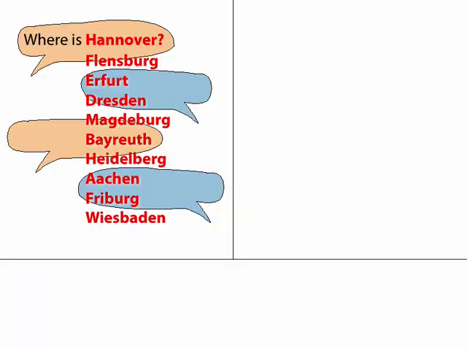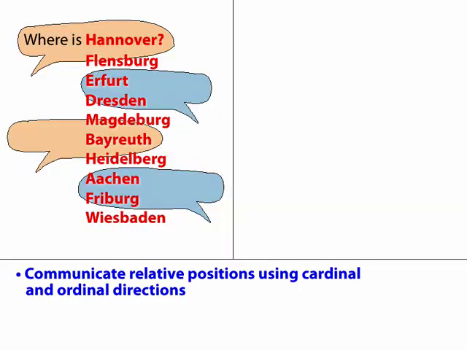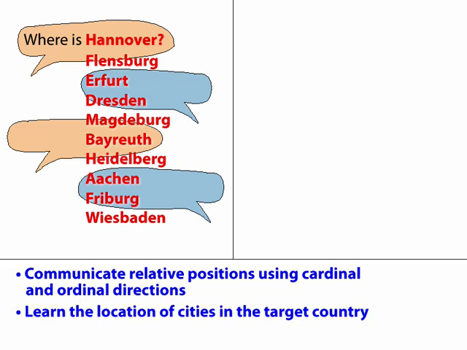Pedagogically, this assignment has two primary goals. First, to have students learn to communicate relative positions using cardinal and ordinal directions, and also to familiarize students with the locations of different cities in the target country.